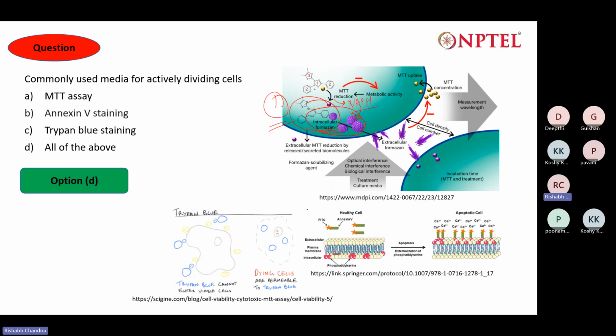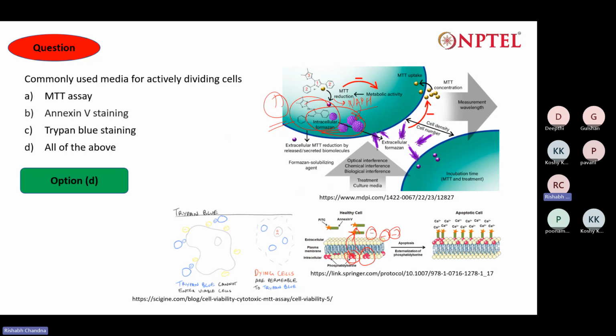Now, second is annexin V testing. The main principle is that when the cells are in a completely alive state, phosphatidylserine is present on the inner leaflet of the cell membrane. But when they are gradually undergoing apoptosis, moving towards the death phase, the inner leaflet flips to the outer side, because the negative charge will be present more towards the outer side. So this leads to expression of phosphatidylserine on the outer leaflet of the cell.